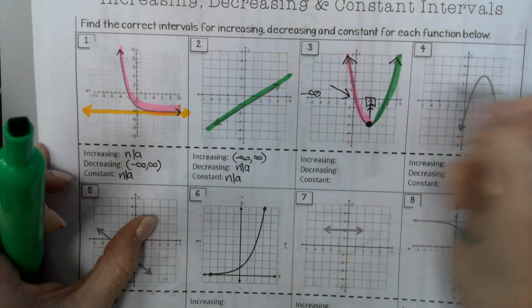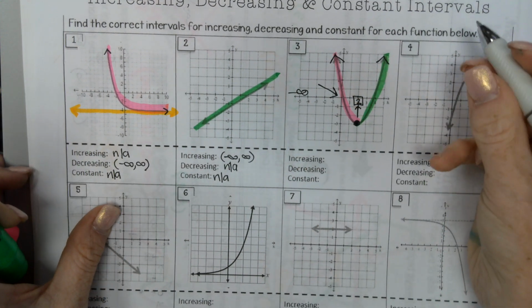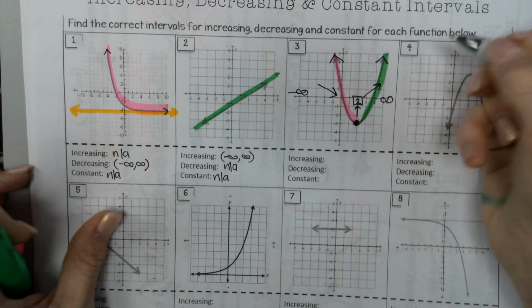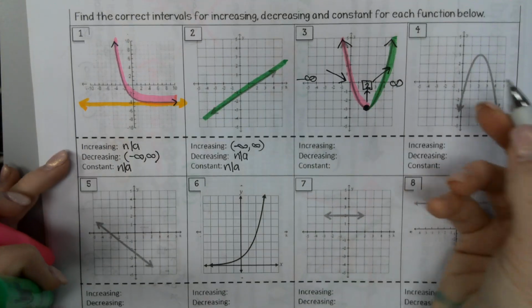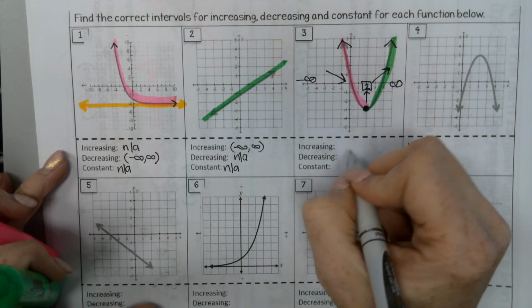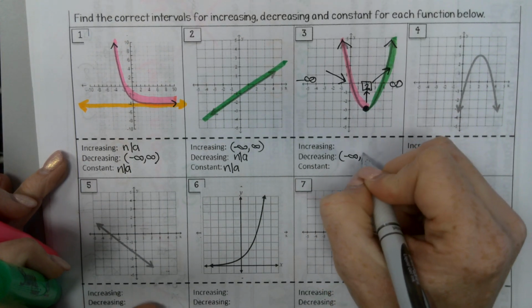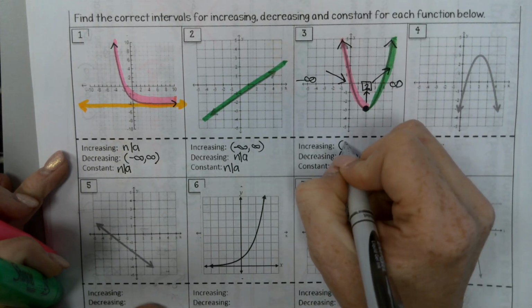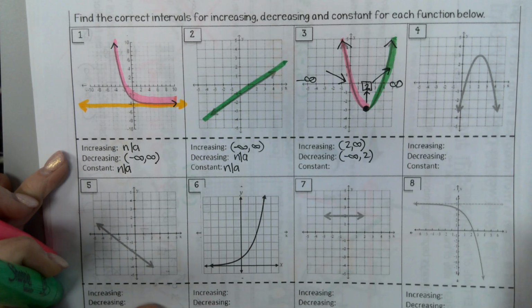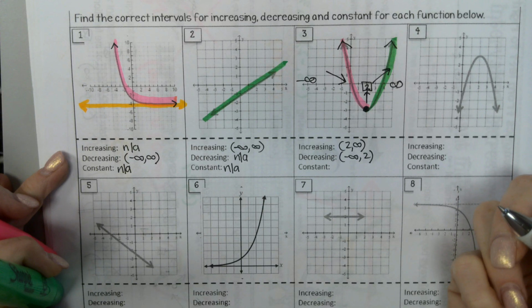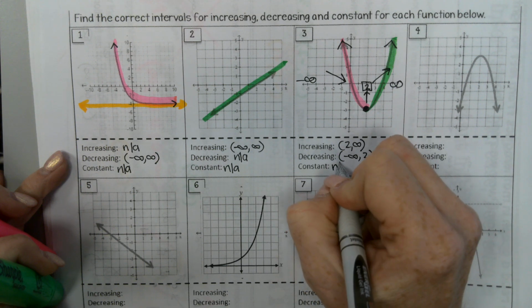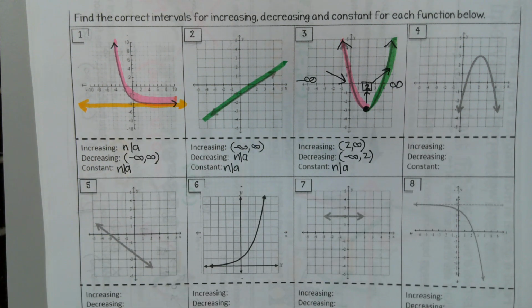It is falling until I get to 2, and then on the other side of 2, it's rising for the rest of the graph. So it is decreasing from negative infinity to positive 2. It is increasing from 2 to positive infinity. Where is it constant? Nowhere. So I'm going to put n/a, or you can write out none. Okay?